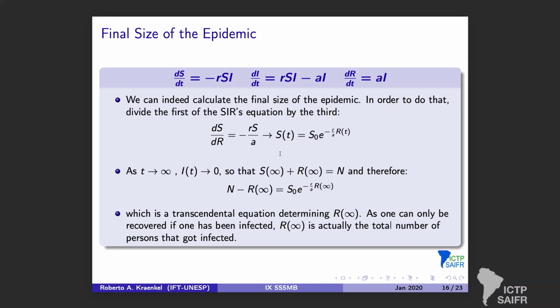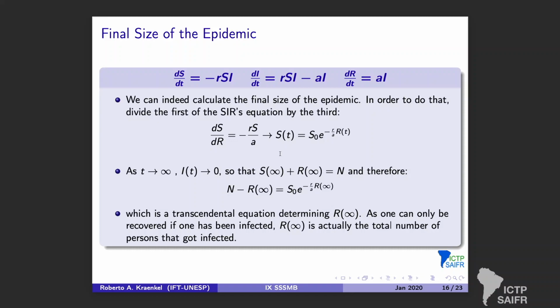So this is an equation for R. It's a transcendental equation. You have to solve it graphically or numerically. So this says that you are able to obtain the number of persons that is recovered at the end of the epidemic.